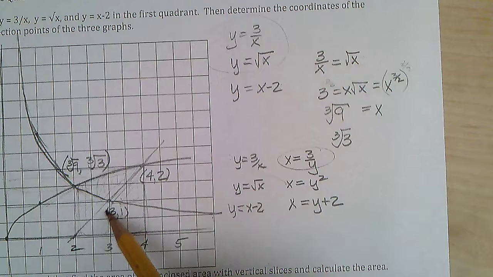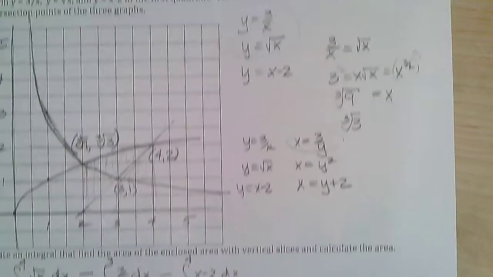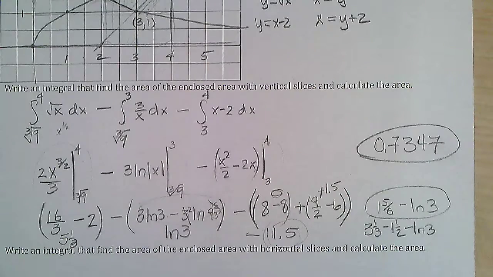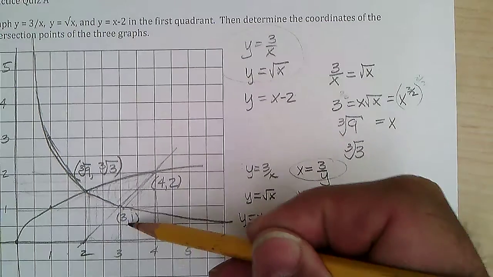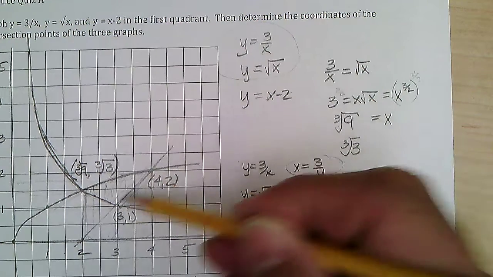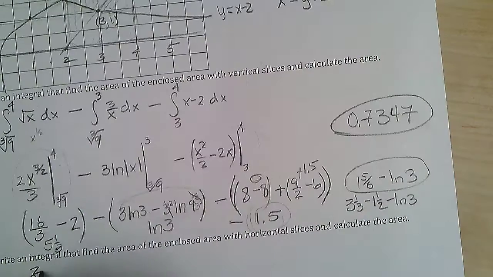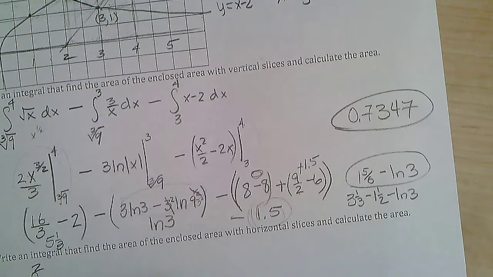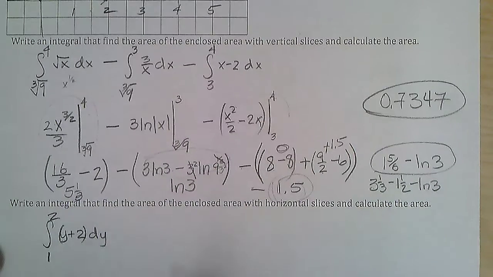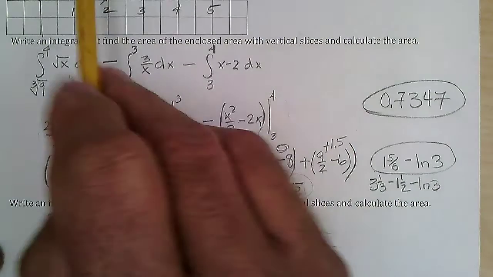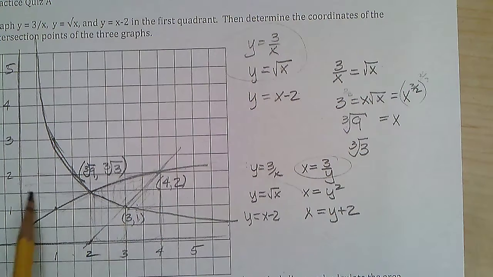So the area under the line will be the integral, the line and we're going from 1 to 2 on the y's, from 1 to 2 of y plus 2 dy. That's all the area under the line, minus the first part, that's this part, from there to there.